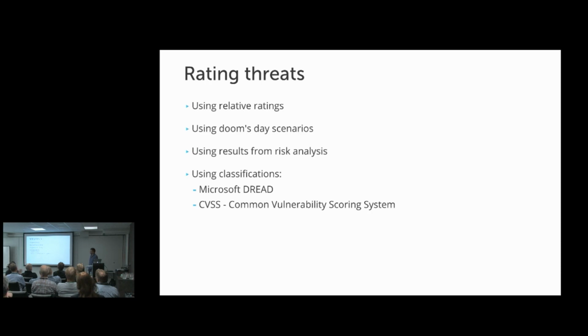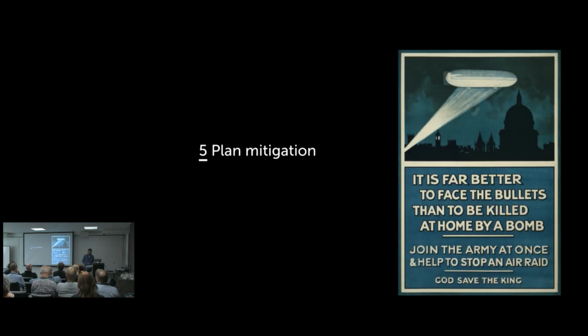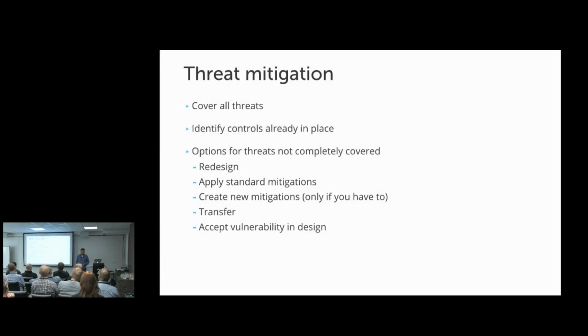So once we've rated them, of course, if that's all we do and we don't fix them, we haven't gotten much further. So we need to plan some kind of mitigation of these bugs. We need to ensure that we've at least tried to cover all the threats with mitigations. We might find that sometimes we can't mitigate the threat, and sometimes we don't want to.